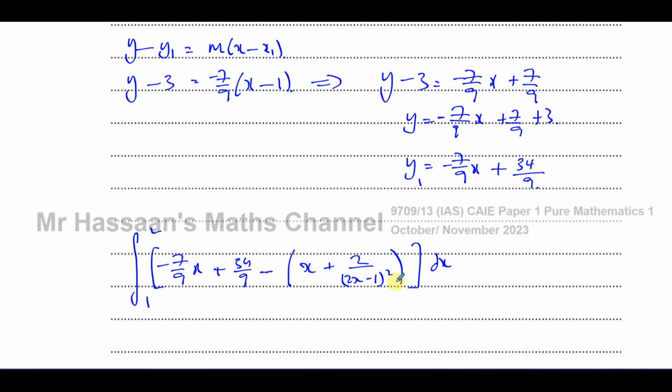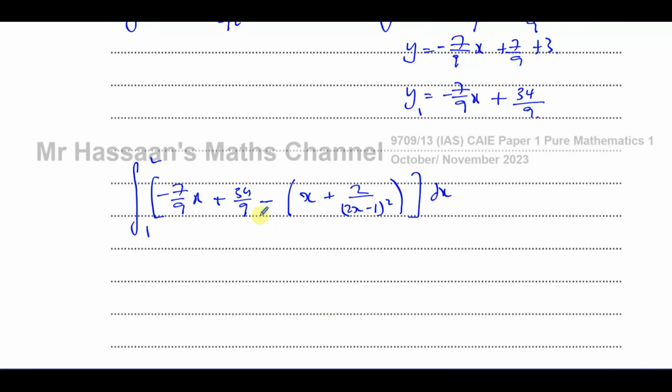So if we work out what this equation is, let's simplify a little bit by doing minus 7 over 9 plus or minus 1. So that's minus 16 over 9. Minus 16 over 9x, you have plus 34 over 9. You're going to have minus 2 times 2x minus 1 to the power of minus 2. All of that has to be integrated with respect to x between the limits 1 and 2.